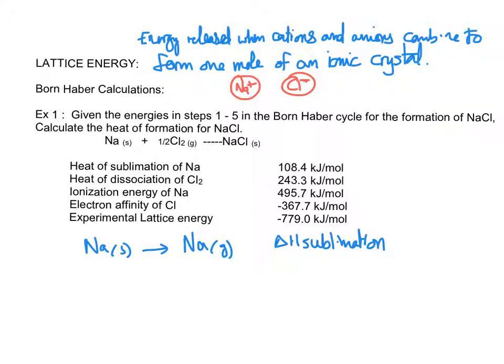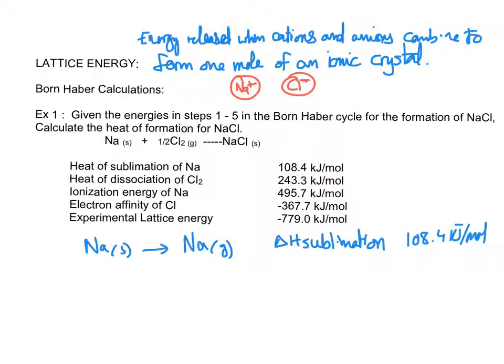And that number is given to me as 108.4 kilojoules per mole. Now that number is a positive number because sublimation would be endothermic. In order to go from a solid to a gas, low energy to high energy, you have to absorb energy, and so that should be a positive number, endothermic.